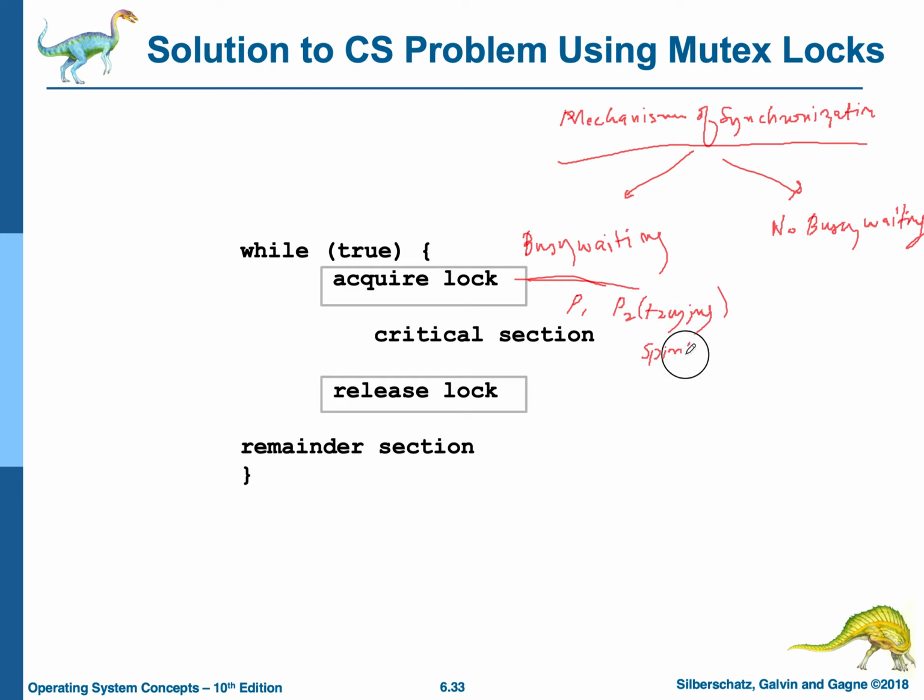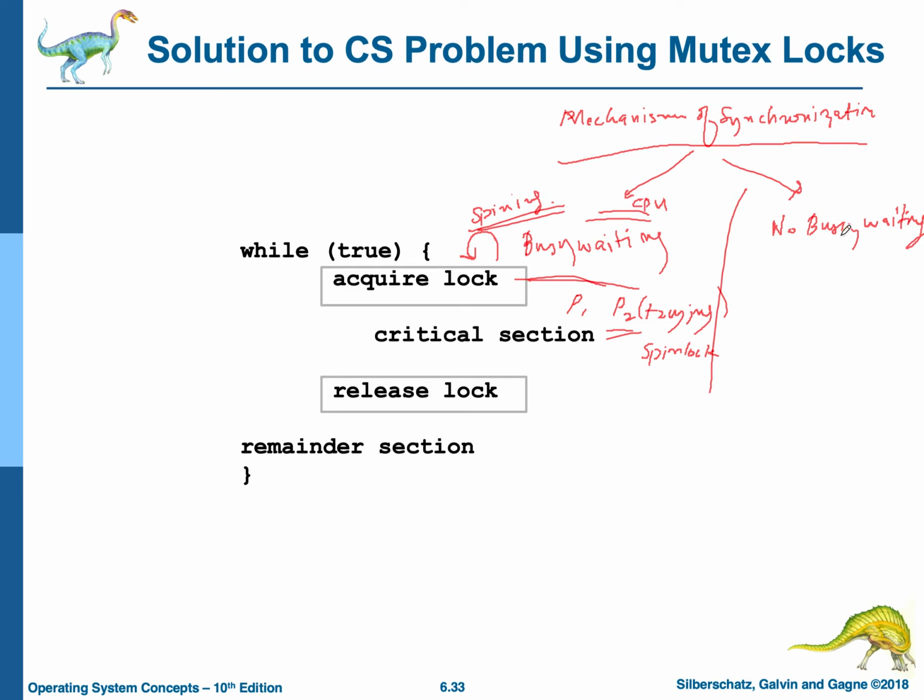The term for this is spin lock, which means that this process is stuck and keeps on spinning. This mechanism is called spin lock. So if P2 is trying, then it is waiting, but it is busy, which means that it is consuming some CPU here.